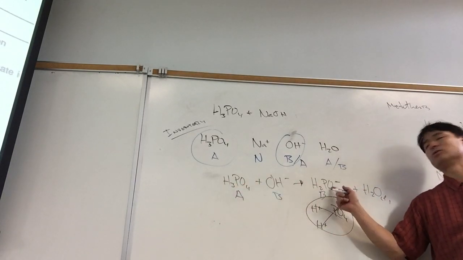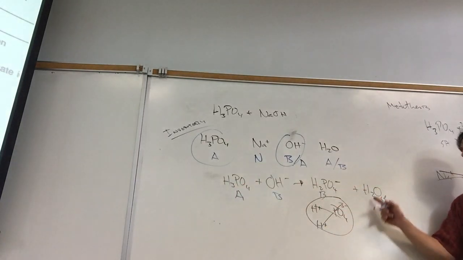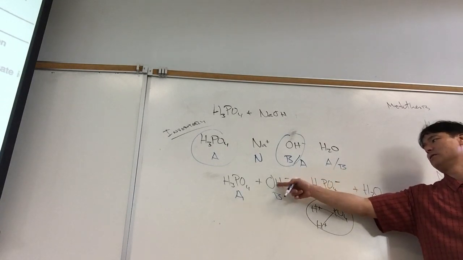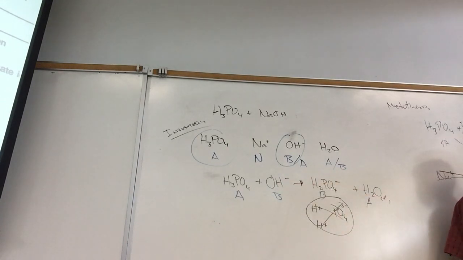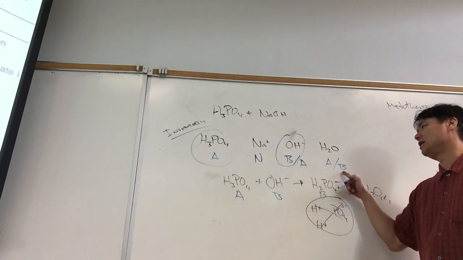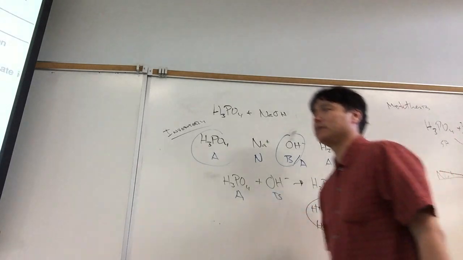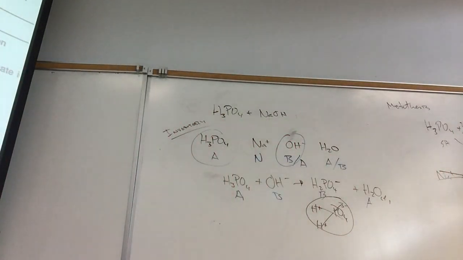So this is going to be the proton acceptor, which is the base. When water loses a proton to form hydroxide, this is going to be the acid. And so we determine what the identity is based on the reaction it undergoes or what it's reacting with.